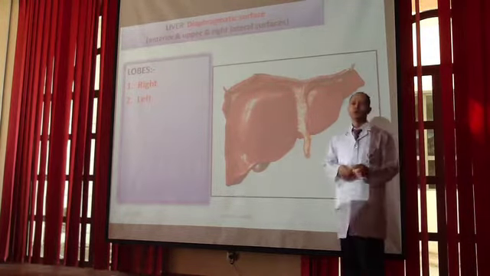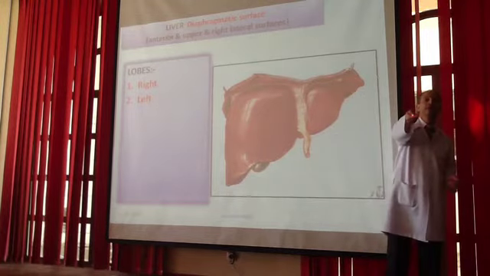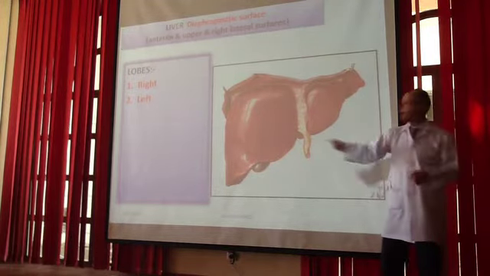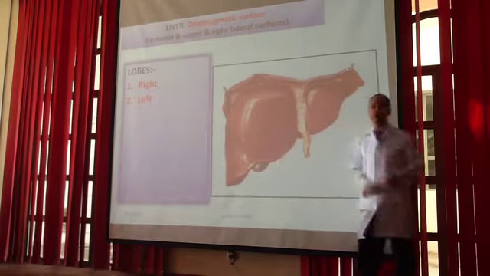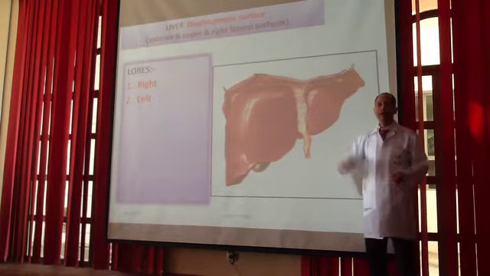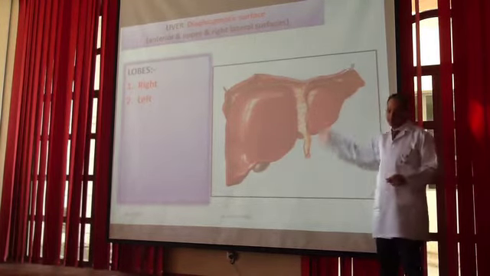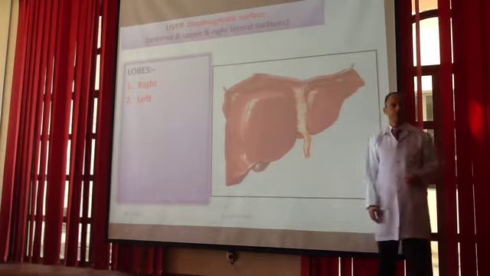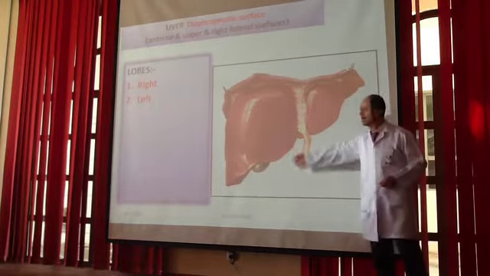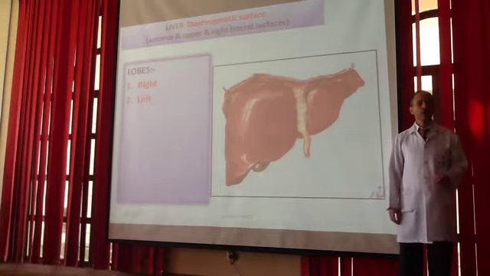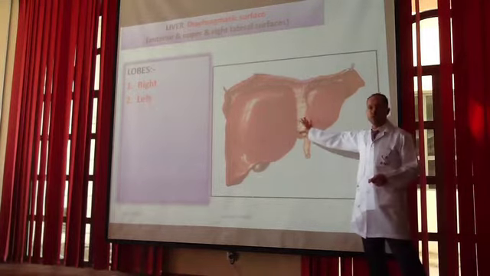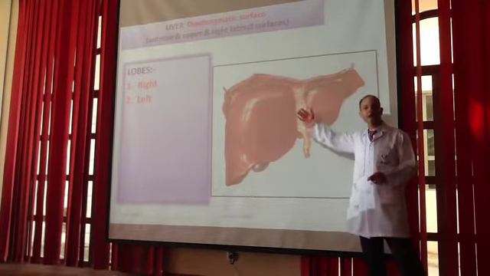Large right lobe, a smaller left lobe, and we have partitions in between. Falciform ligament, as we see, connects the liver with the anterior abdominal wall and diaphragm.